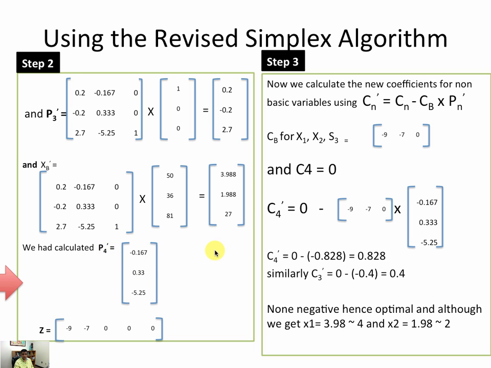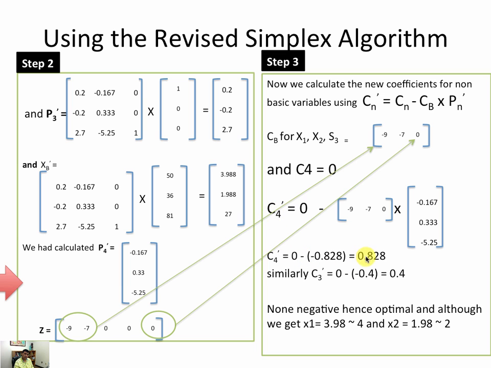Now we calculate the new coefficients, and we know that CB is given by x1, x2 and s3 in the objective row, which is minus 9, minus 7 and 0. So if we want to calculate C4 prime, we know that C4, which is 0, from here, substituting the values of CB and C4 in this equation, we can find C4 prime.